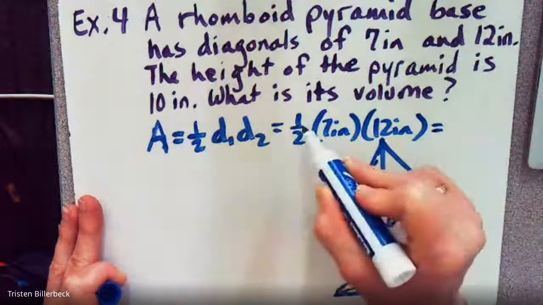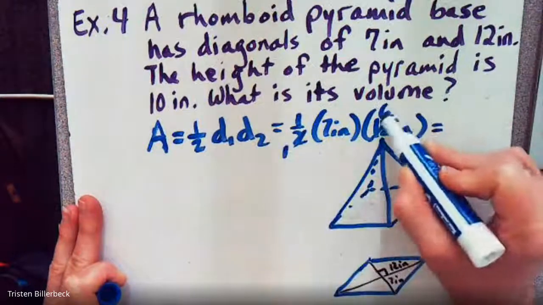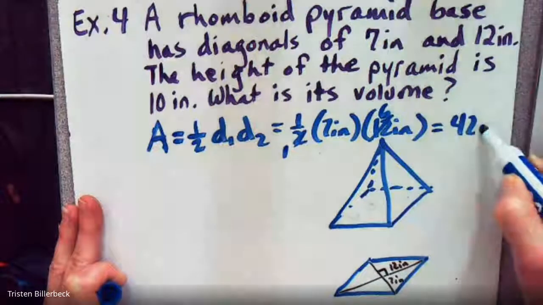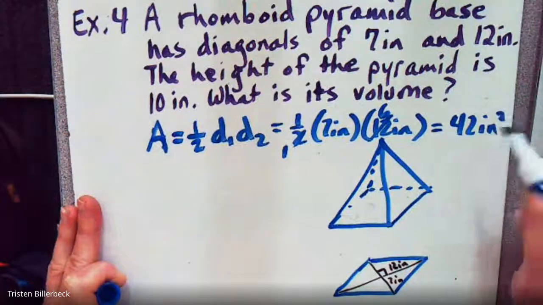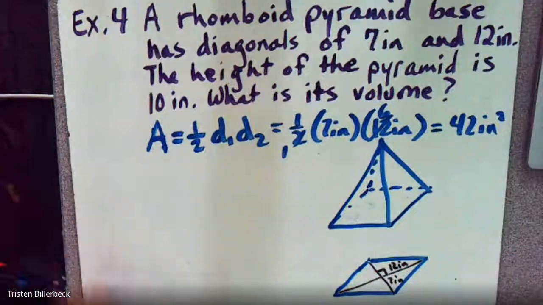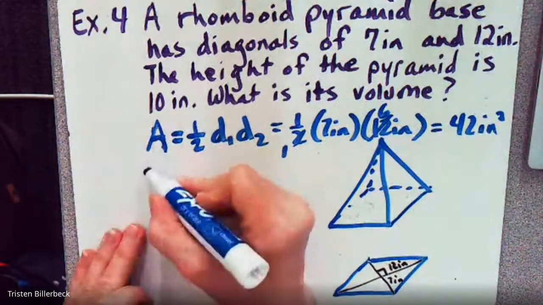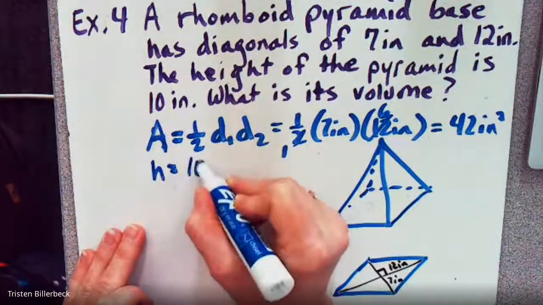If I take this and make that a 6, that's 42 inches squared. All right, so now we have that, so we need the height. The height is 10 inches.